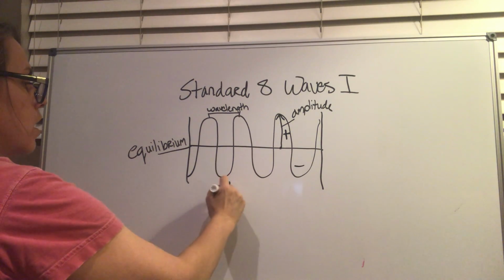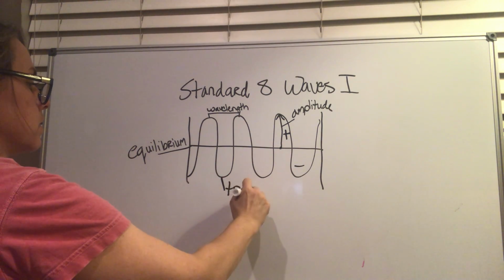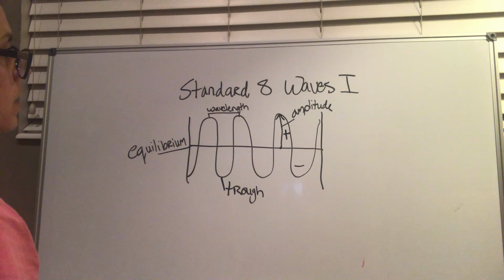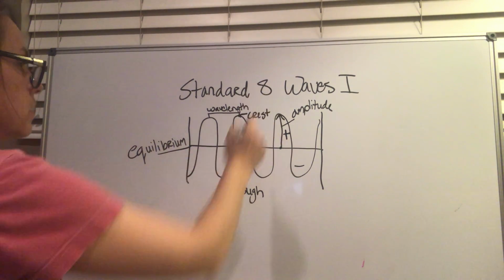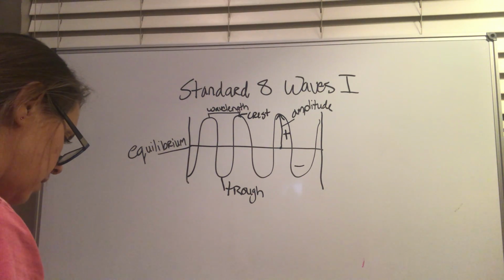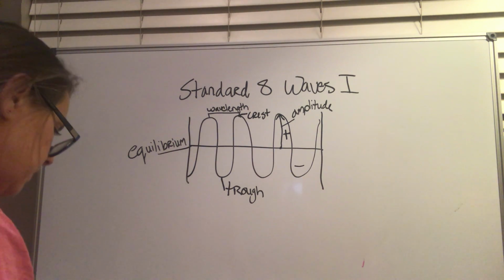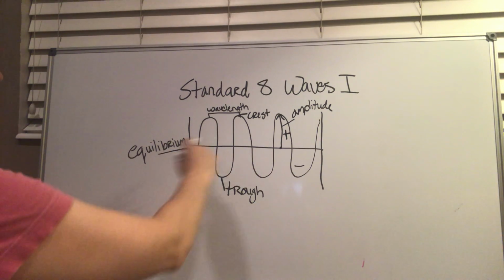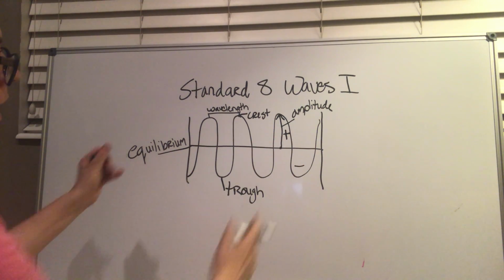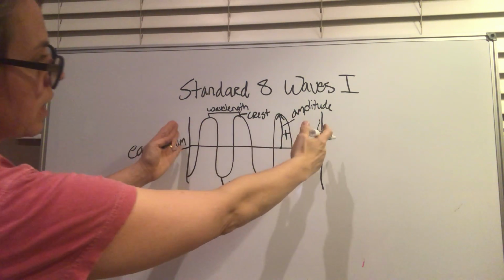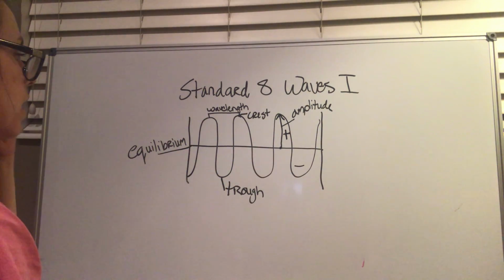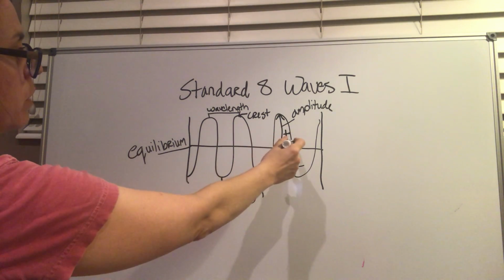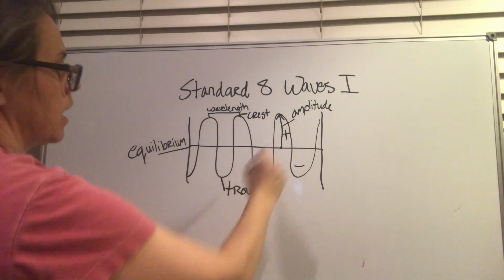This is a trough. And up here is a crest. And so we measure the frequency of waves by how many waves there are per second. So this represents time, 1 second. And you have 1, 2, 3 waves, almost 3.5.